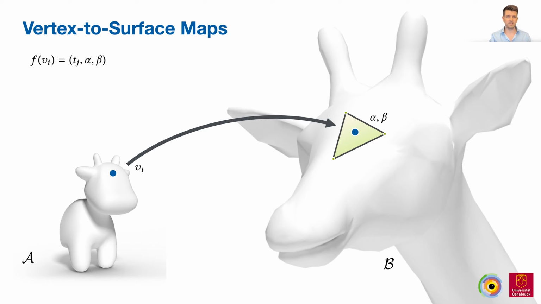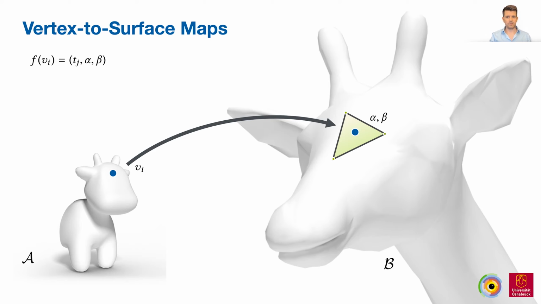For instance, based on some local 2D coordinate system, most easily based on barycentric coordinates in that triangle. In this way, the map images lie on surface B by construction.